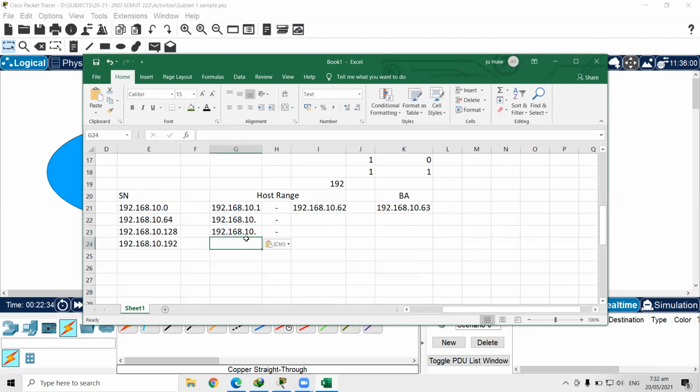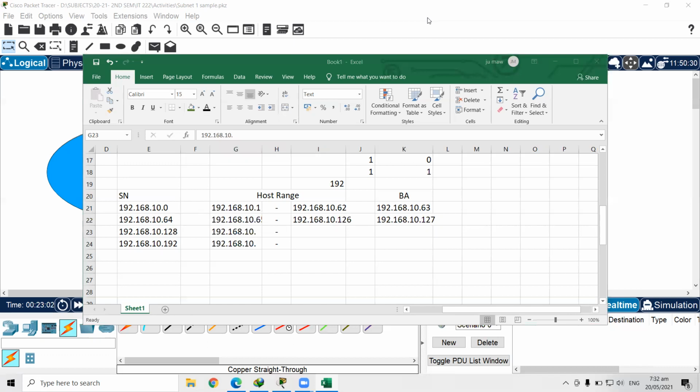So, kumpletohin natin. Okay, magsagot din kayo dyan. This will be 127. So, this will be 65 to 126.